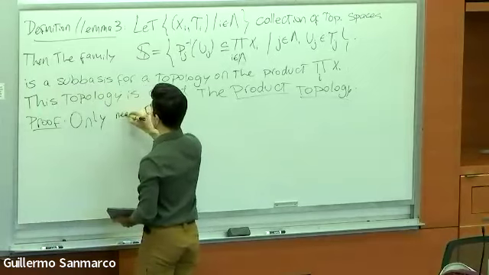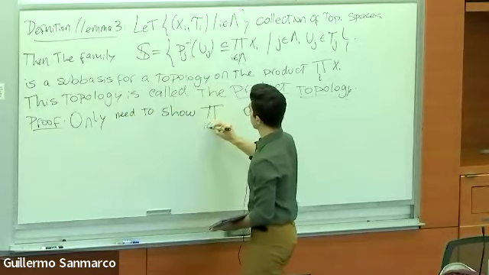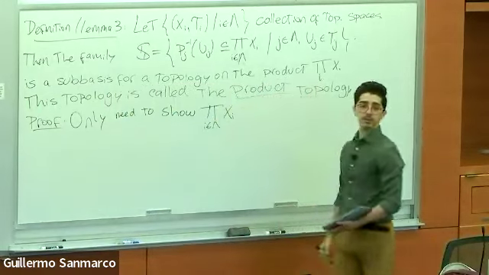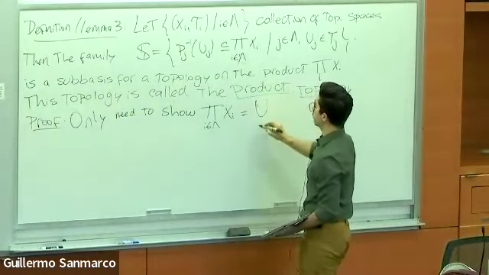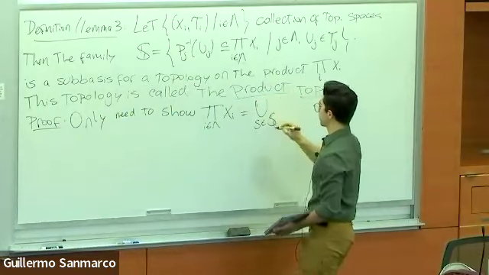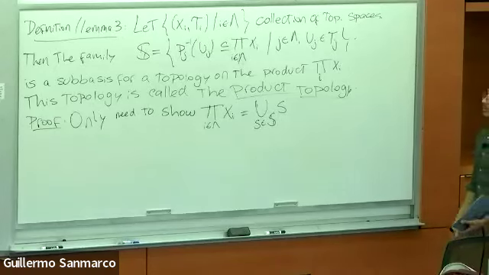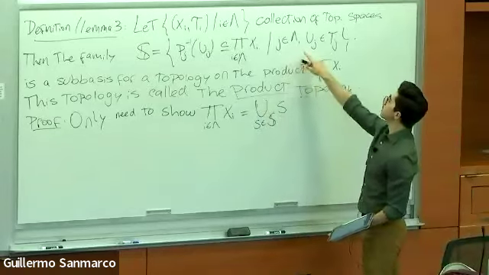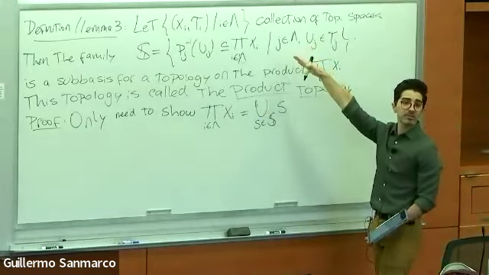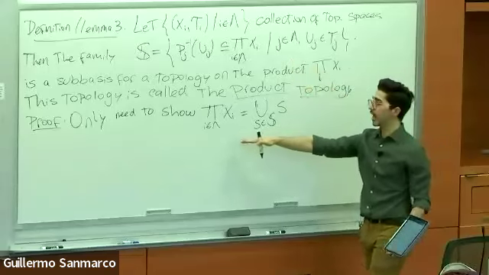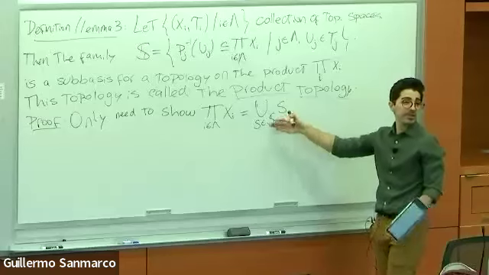We only need to show that the entire space can be covered using elements in S, so it's the union of elements in S. But in this case, it's even easier if you just fix your favorite j and take Uj to be the entire X, then the preimage is the entire set. So this is an element in the sub-basis. So we don't even need to check this.